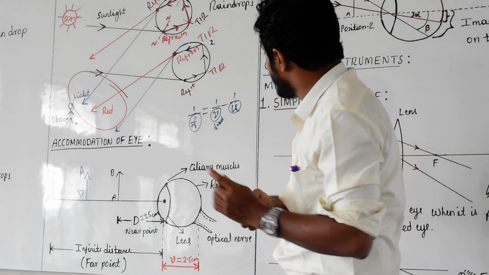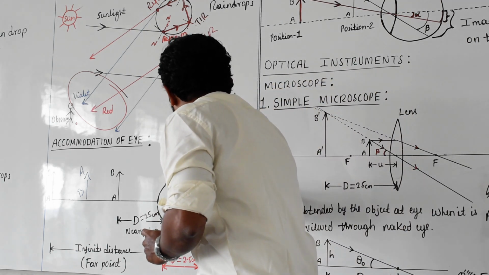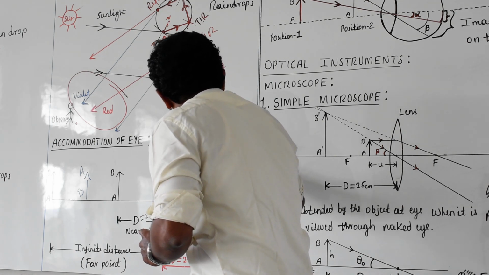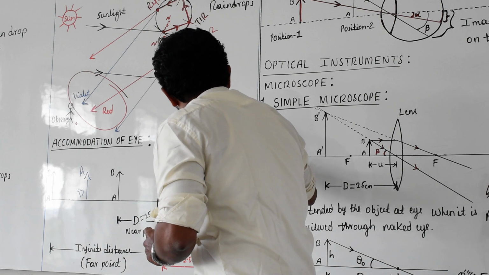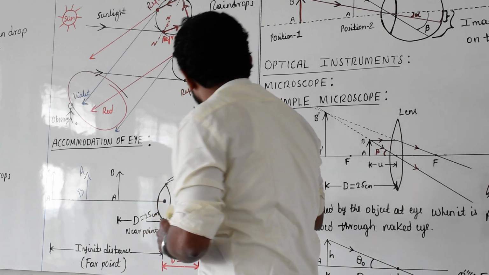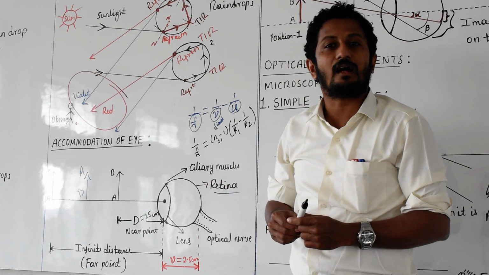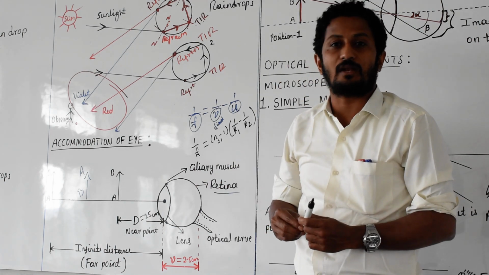One more formula you should know: 1 by f is equal to (n21 minus 1) into (1 by r1 minus 1 by r2). This we call the lens maker's formula.